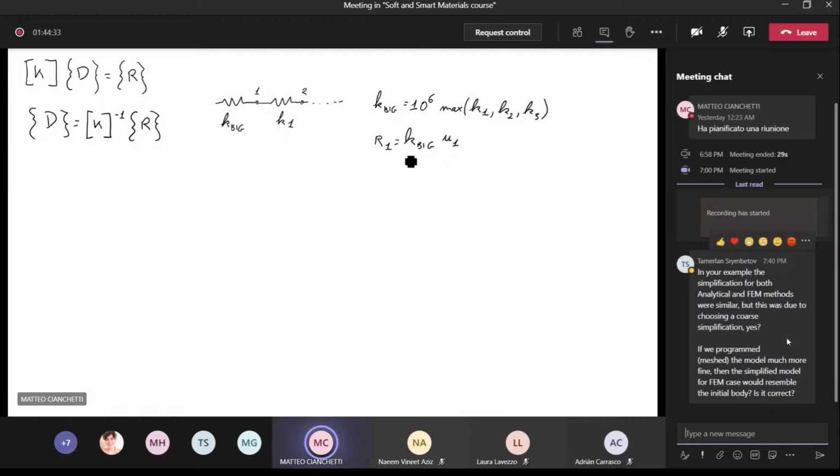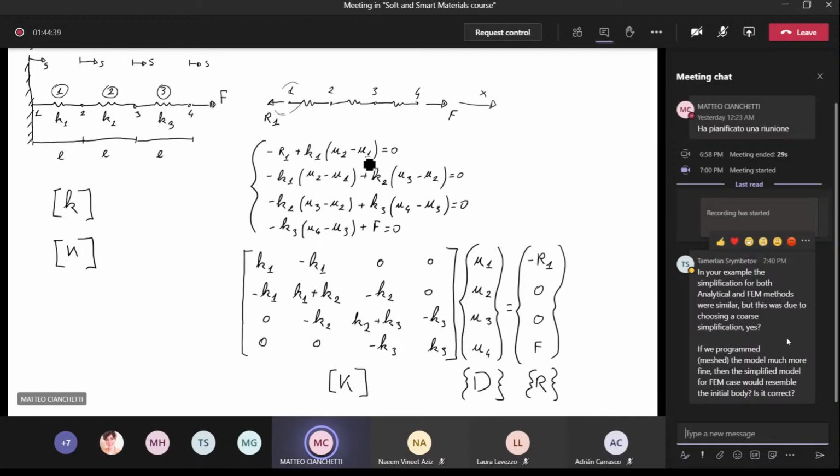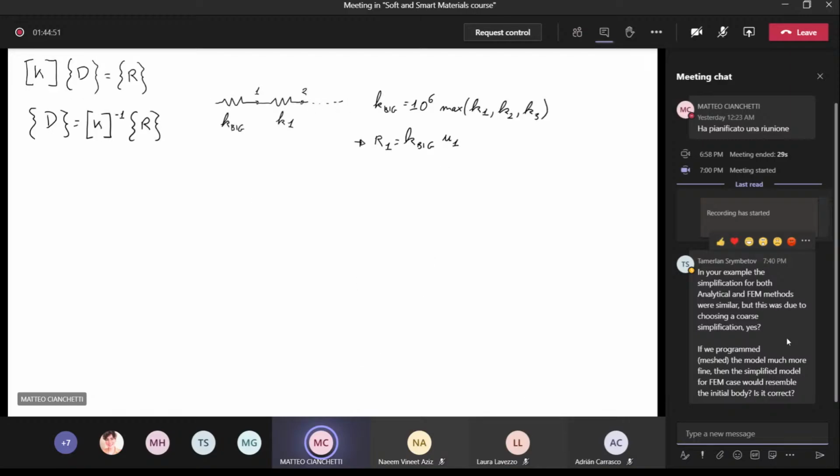Now, if we substitute this new definition of R1 into the system, we have a different kind of matrix.